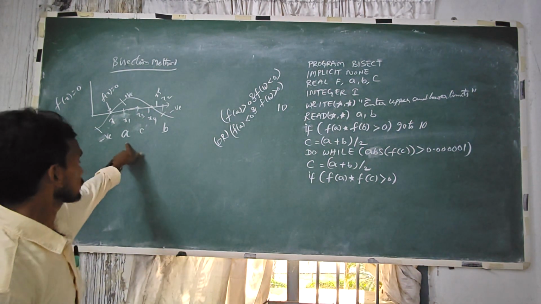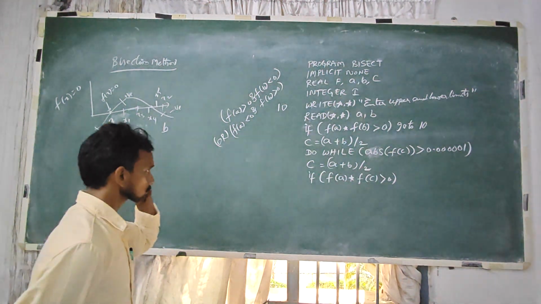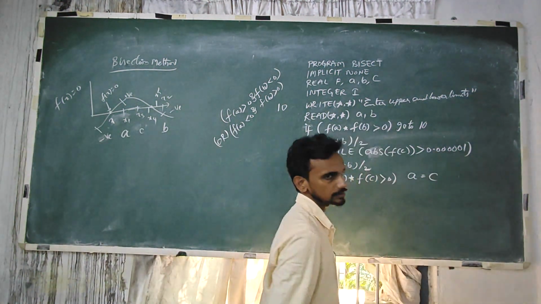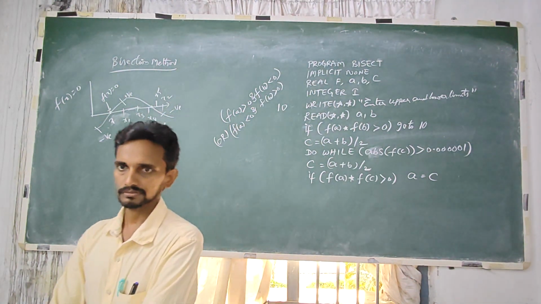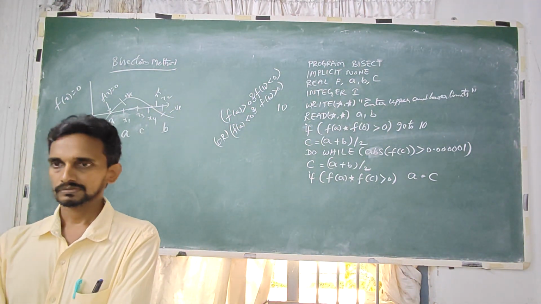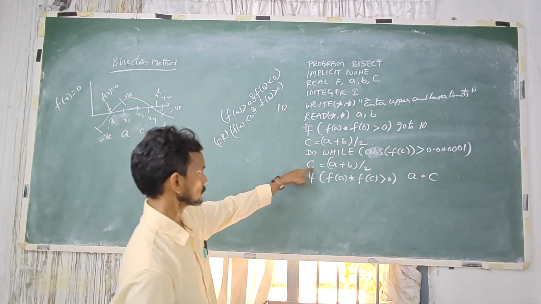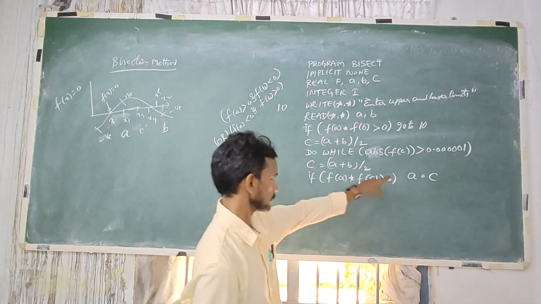We have to exclude a. A is equal to c. Again we have to calculate this, right? C అనేది a plus b by 2 రావాలి.